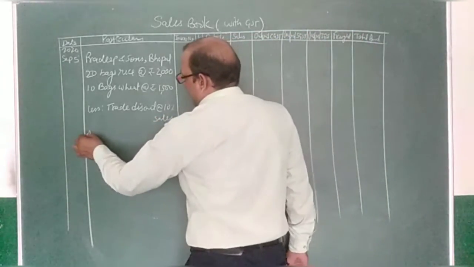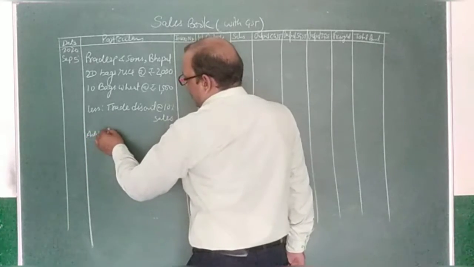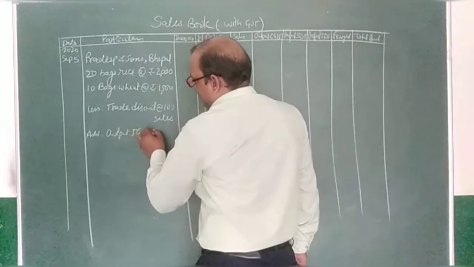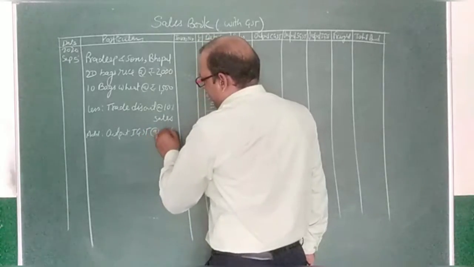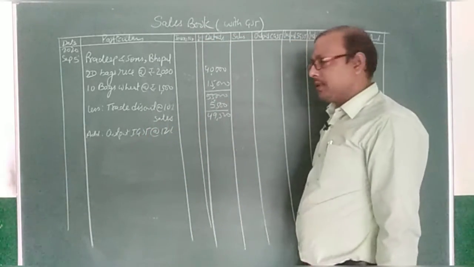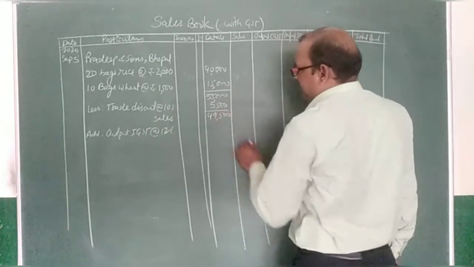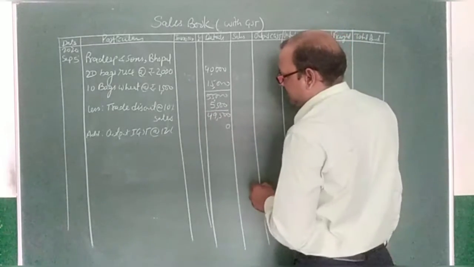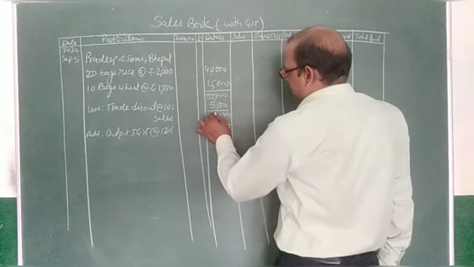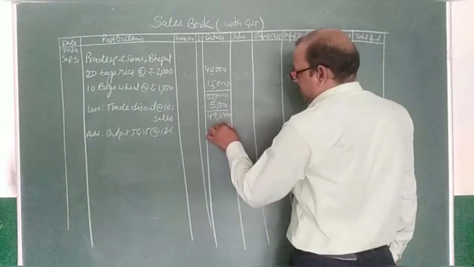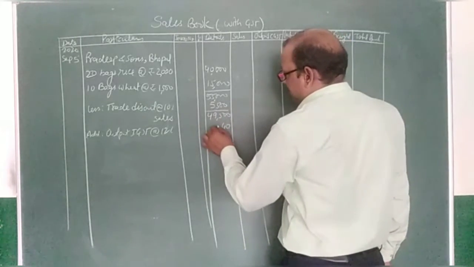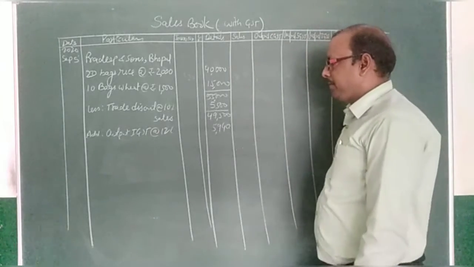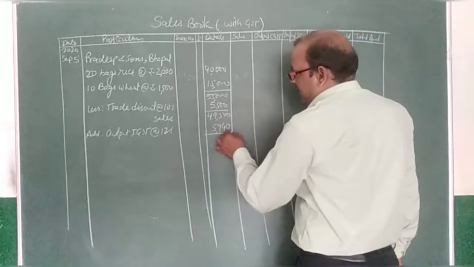Now we have to add output IGST at the rate of 12%, then 12% of this is 5,940, its amount of IGST.